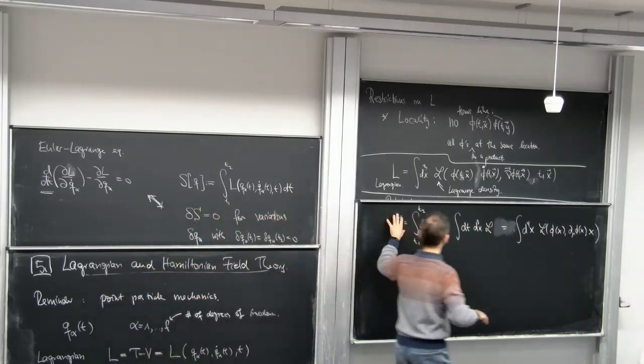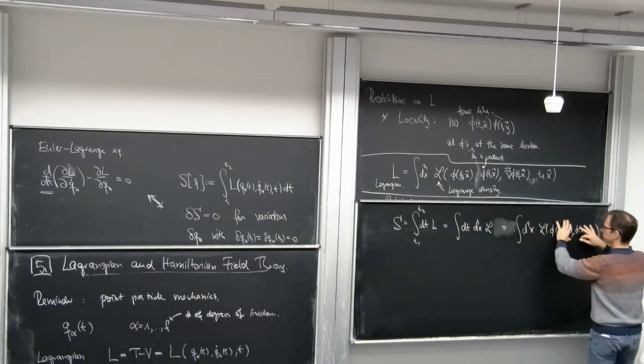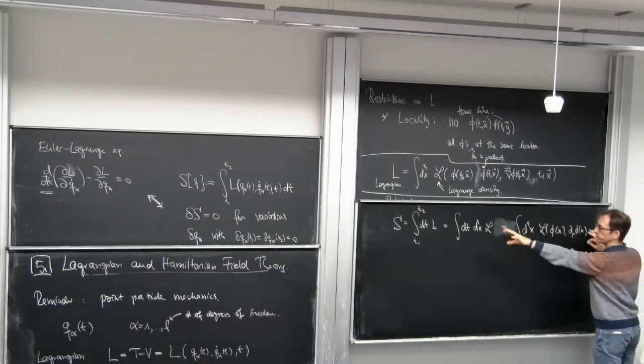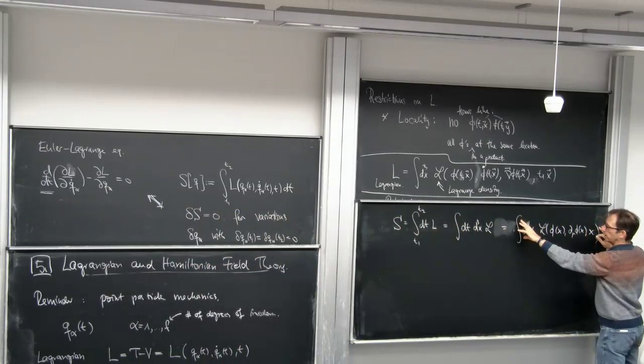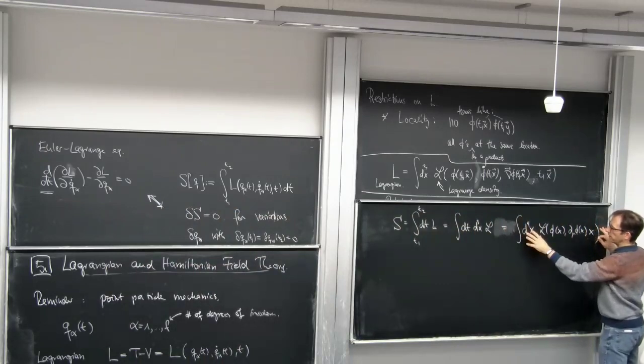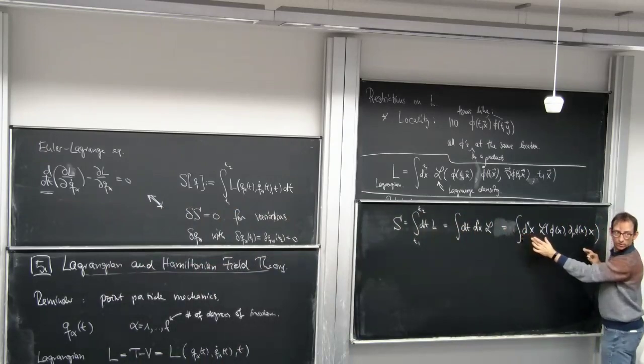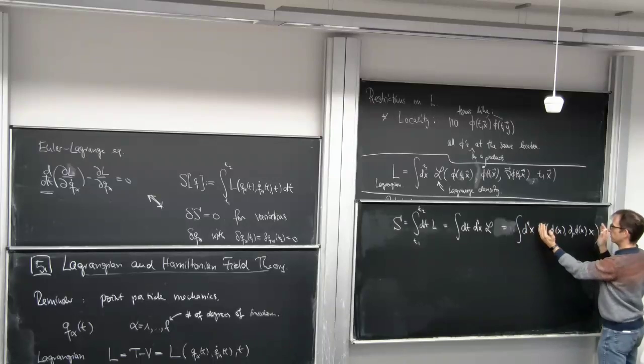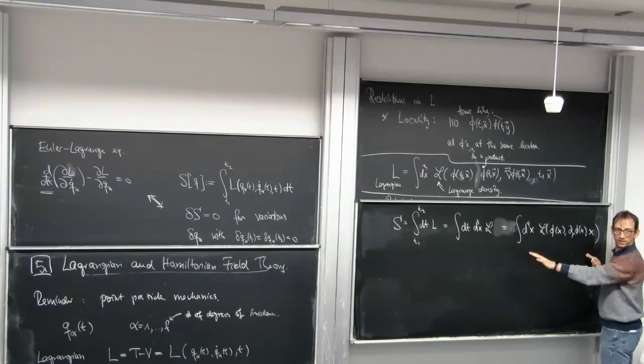And the whole thing is a Lorentz scalar. In fact, since for Lorentz transformations, the Jacobian is 1, because all Lorentz transformations, the proper ones, have determinant 1. So this is the Lorentz scalar. So if you write the Lorentz scalar L here, then we get good equations of motion.